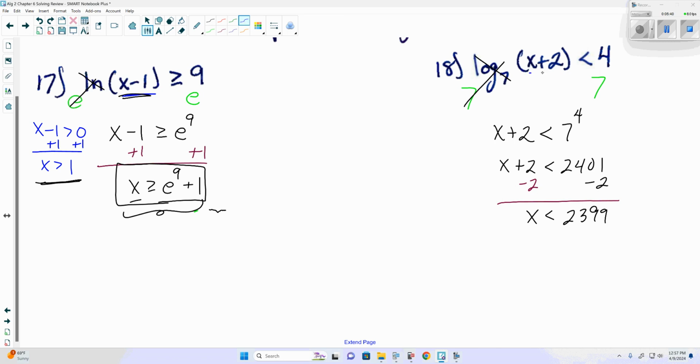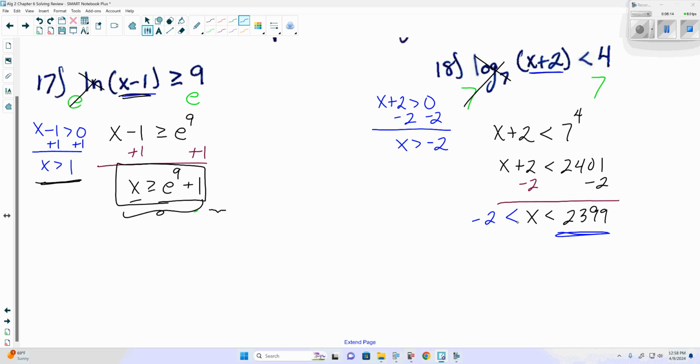Now, x plus 2 has to be greater than 0, so x has to be greater than negative 2. In the problem, the final answer that we had was that x is less than 2,399. Is negative 2 less than 2,399? Yes.